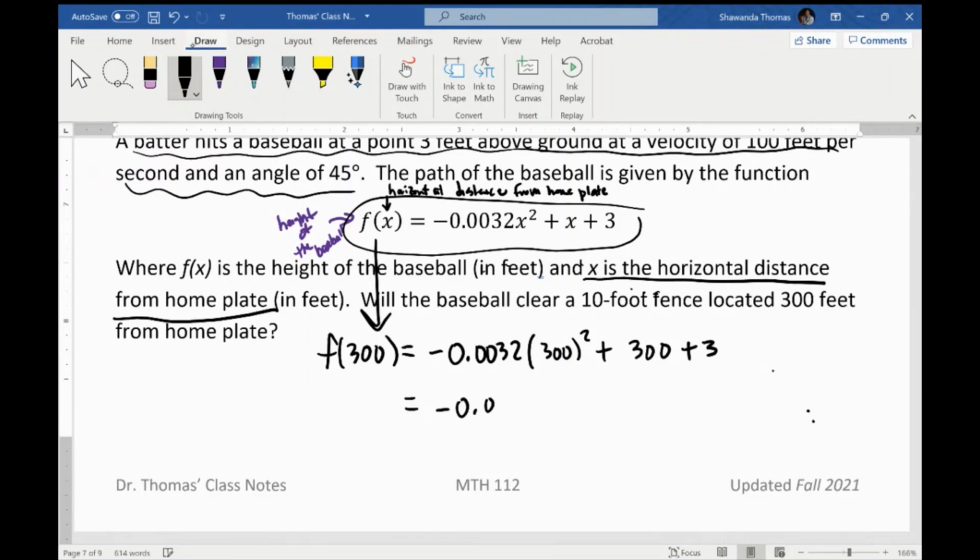Can someone tell me what is 300 squared? 90,000. Now put all this in the calculator and tell me what the final answer is. Make sure you put that negative sign in there. What do you get on the right side?